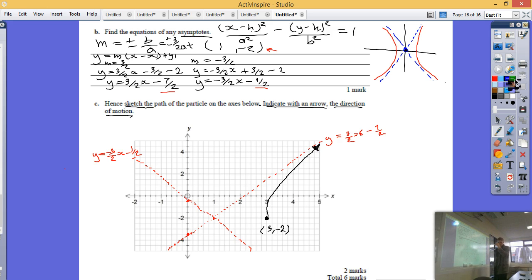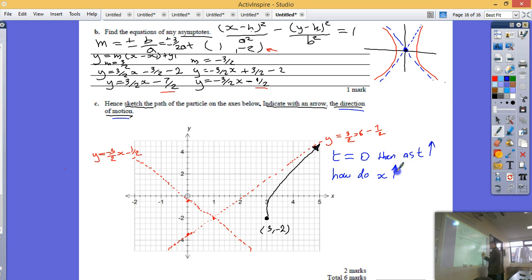To think about the direction of motion more carefully, and to confirm for ourselves the direction: the path starts from t equal to 0, and then as t increases, how do the x and y coordinates change?